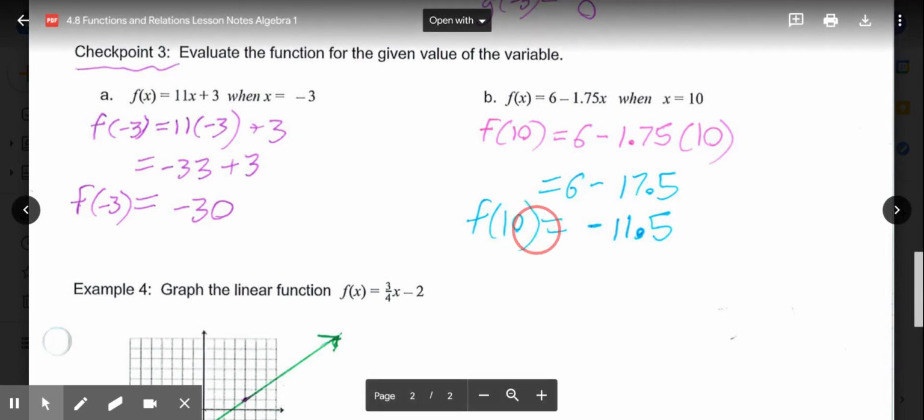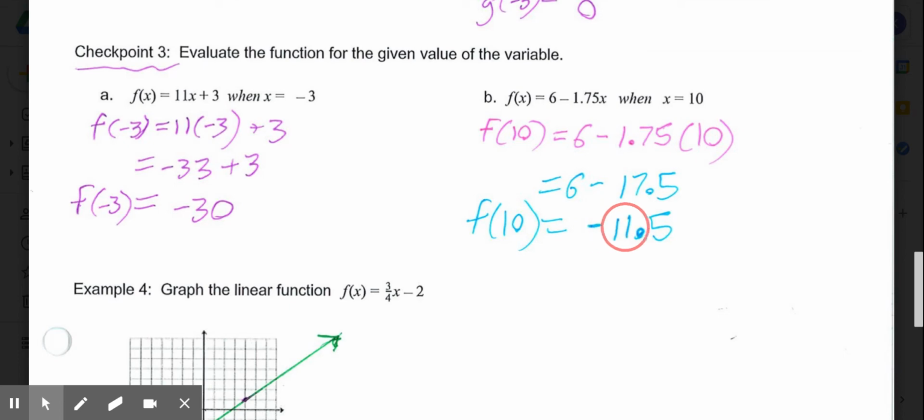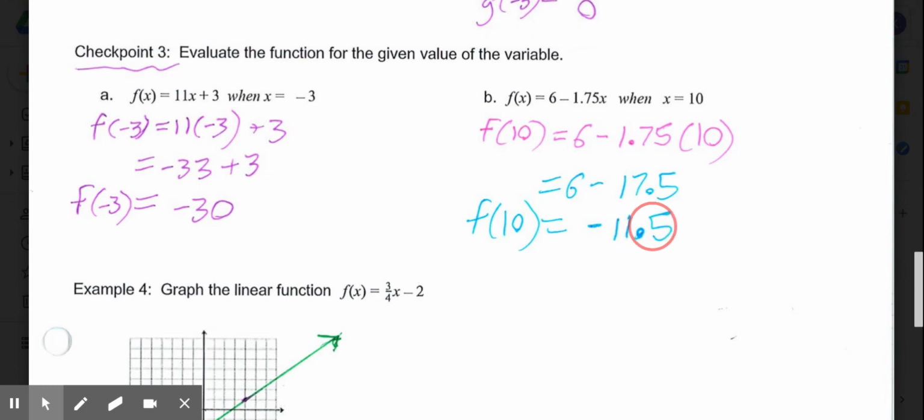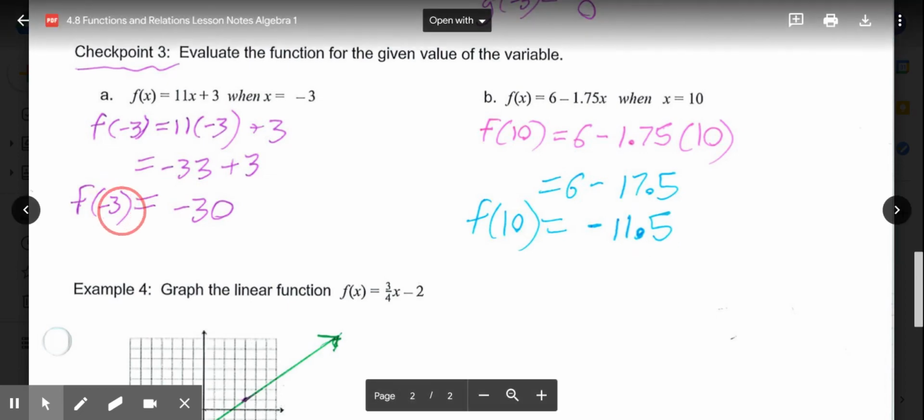So f of negative 10 equals negative 11.5. So when we input negative 10, the output is negative 11.5. So that ordered pair would be negative 10, comma, negative 11.5 if you were to graph it. Just like here, the ordered pair would be negative 3, comma, negative 6 if you needed to graph it.